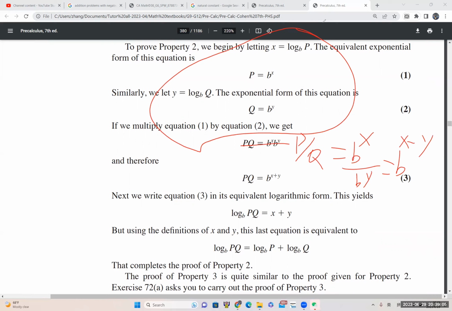Then P over Q equals this. So we have log B of P over Q equal to X minus Y. Then X is log B of P, minus log B of Q. Then we get it.